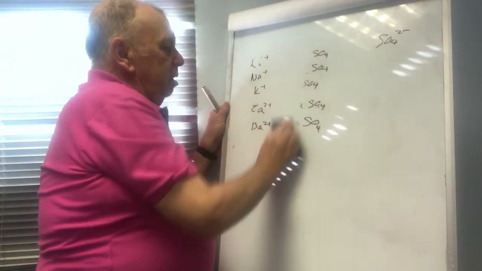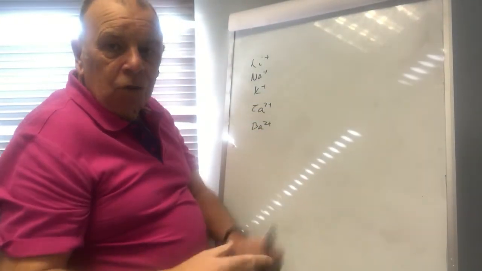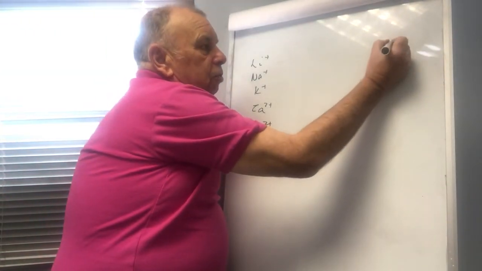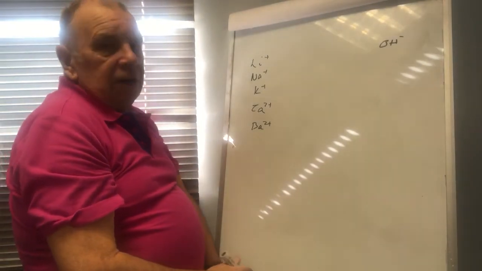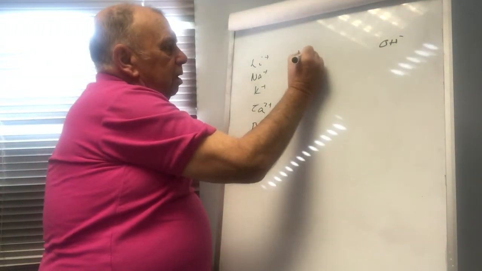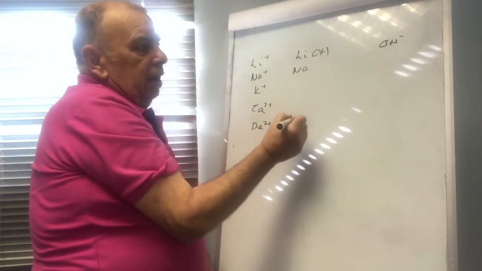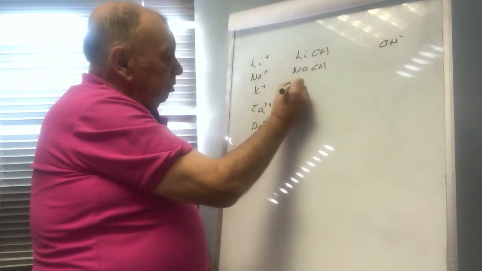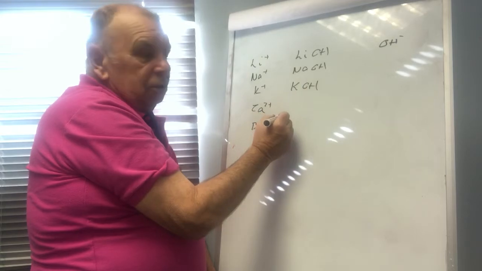Let's look at another example. Let's take the hydroxide anion, OH-, it's 1. What is the formula of lithium hydroxide, LiOH, sodium hydroxide, NaOH, potassium hydroxide, KOH, calcium hydroxide?